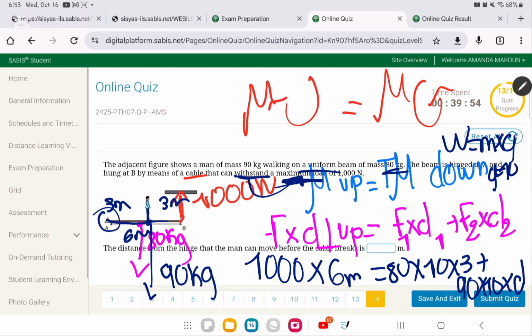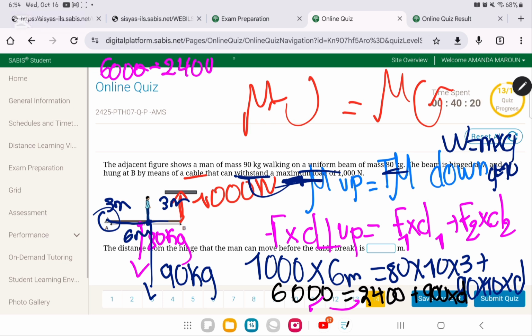So if we solve it, it is going to be 6000 is equal to 80 times 10 times 3, which is 2400, plus 90 times 10, which is 900, times the distance. So if you move 2400 to the other side, you get 6000 minus 2400 is equal to 900 times the distance.